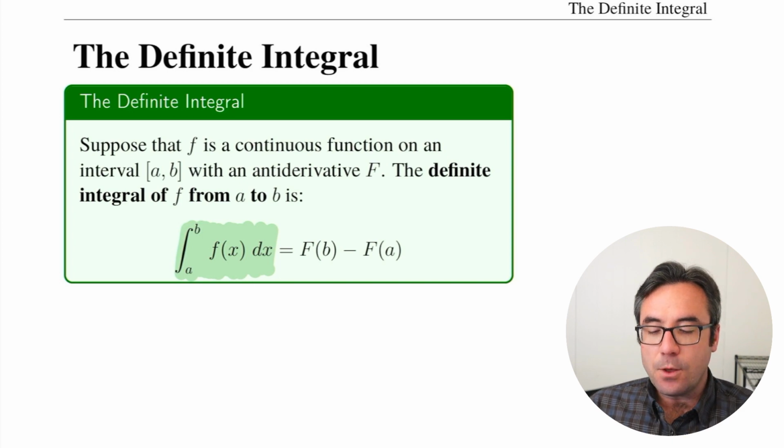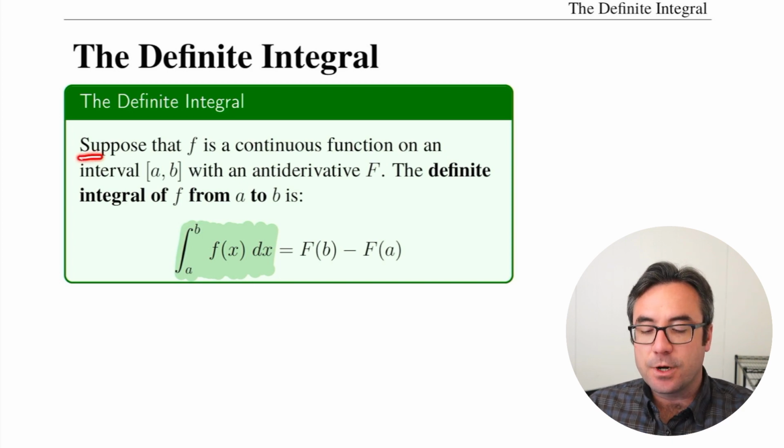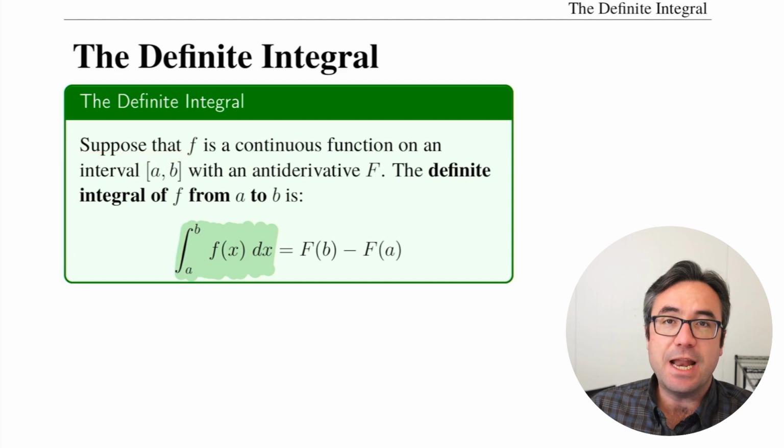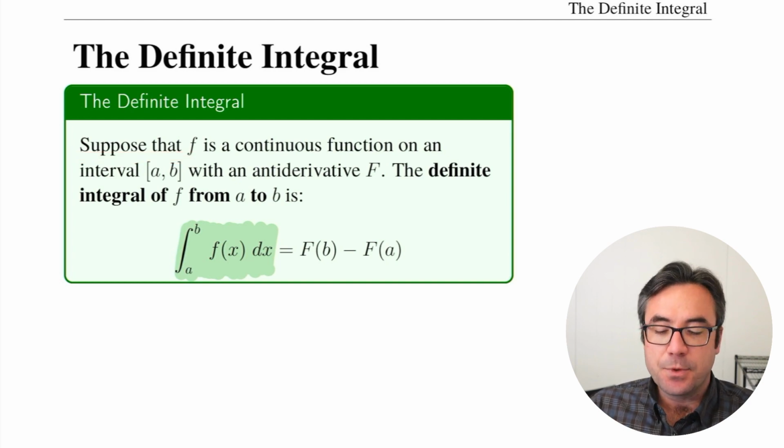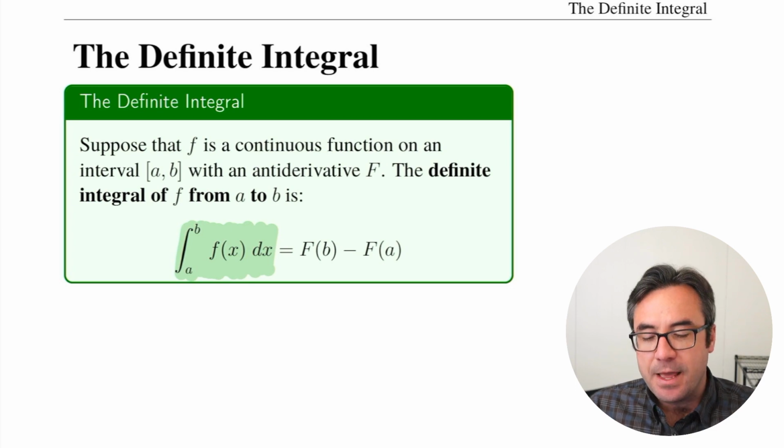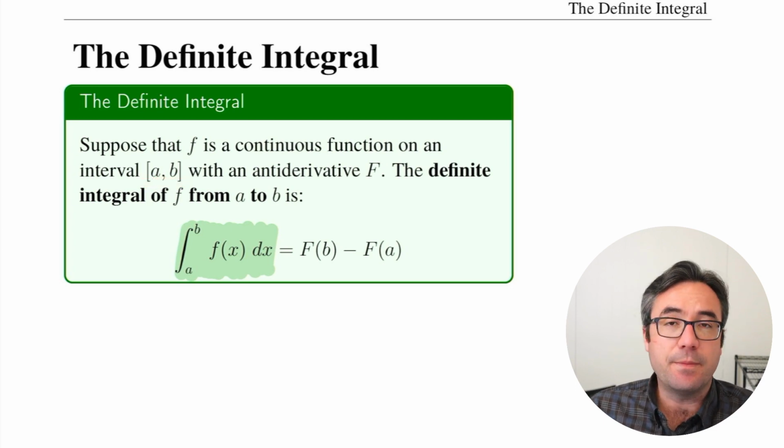Well, we're going to be looking at this function f. And in order for our definite integral to work out nicely, we're going to assume that function f is continuous. It's a continuous function, and we're going to be looking at an interval from a to b.